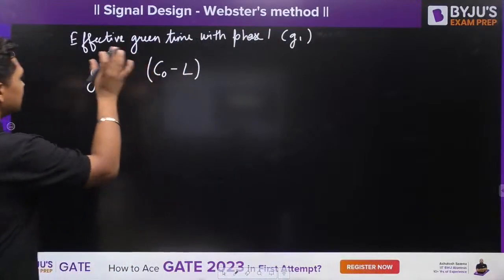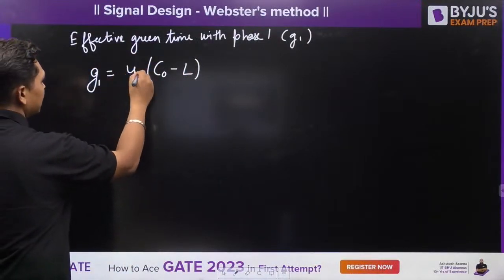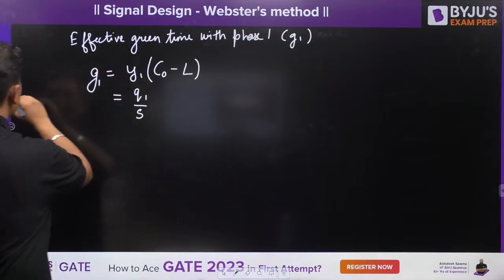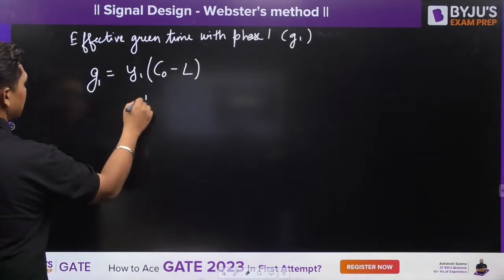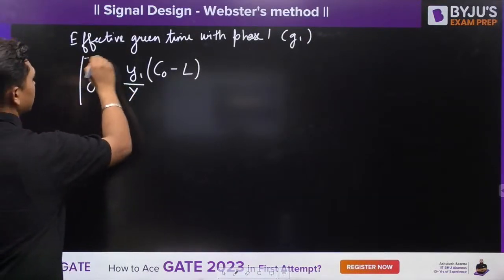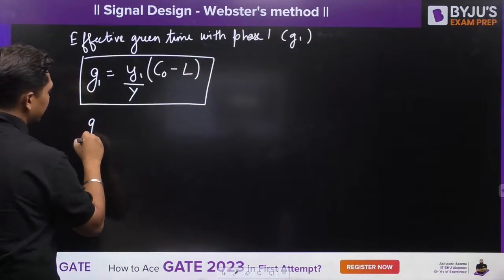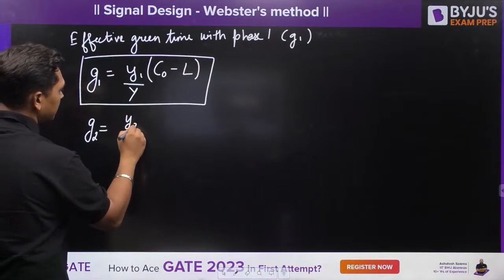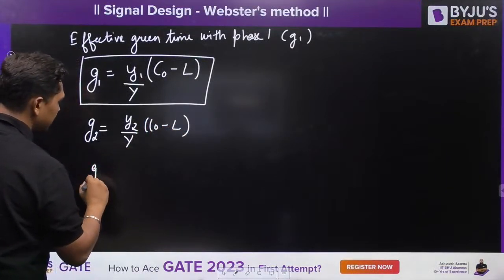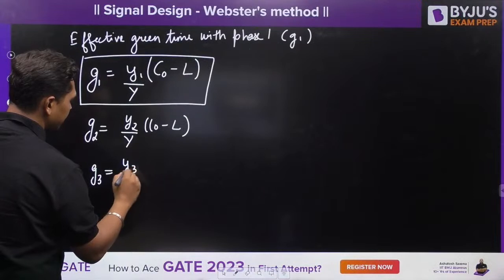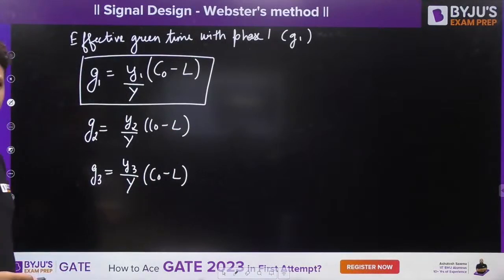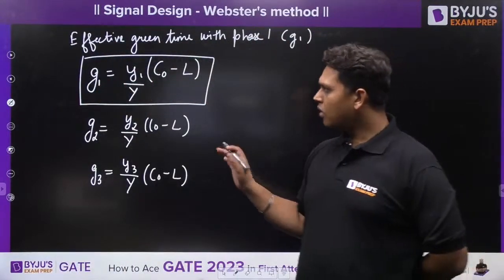Okay, out of this, how much will be available with phase 1? y1 times this, which is equal to y1 divided by capital Y, into C0 minus L. Similarly, effective green time available with the second phase is y2 divided by capital Y into C0 minus L, then G3 is y3 divided by capital Y into C0 minus L, and similarly we can find out the effective green time for all the phases.